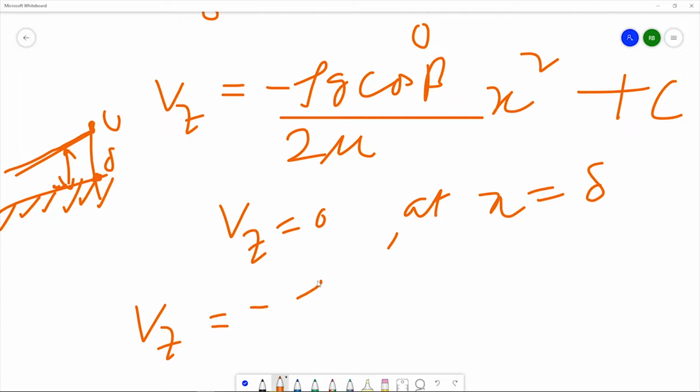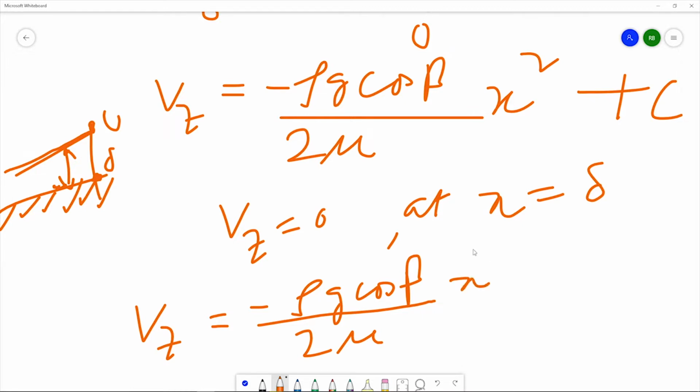vz equal to minus rho g cos beta by 2 mu times x square minus delta square, right? If you can rearrange it, you'll get the final equation.